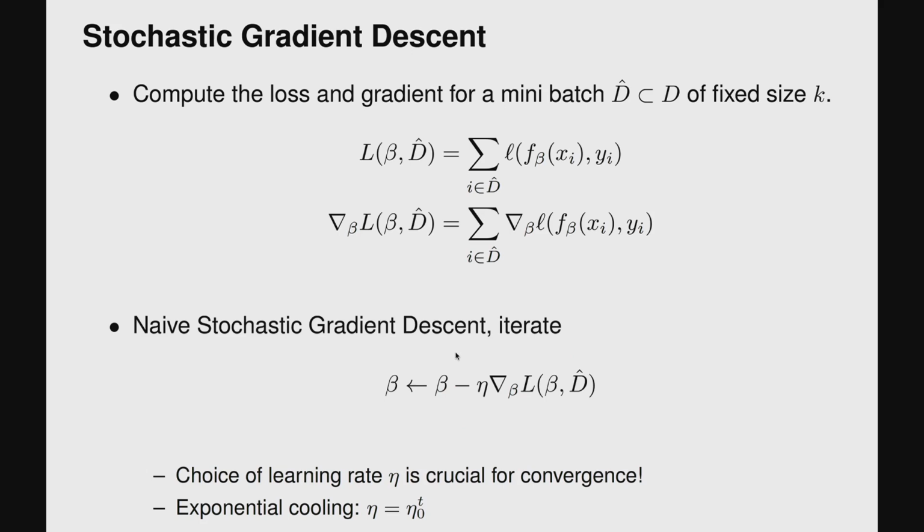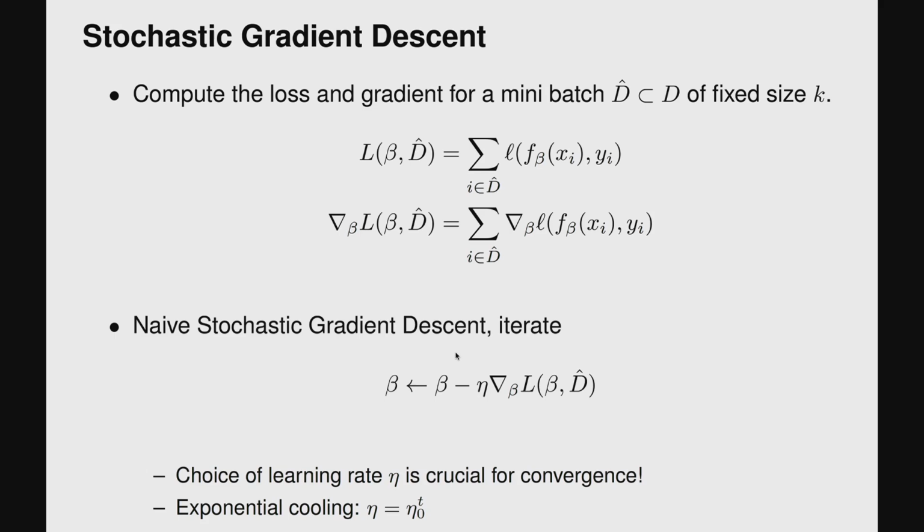So this of course also means that you are blind to some data, which is another effect why it's easier for you to get out of local optima. Because even if you're stuck right now in a local optimum, this being stuck is according to the current mini-batch.